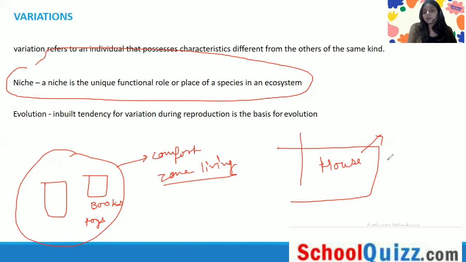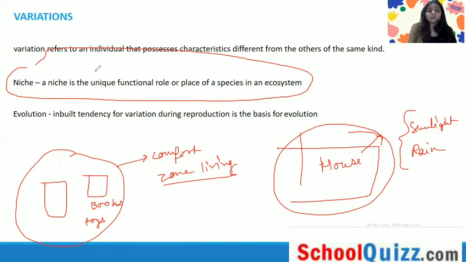Because if we live without a house, there are many physical changes in the environment, like sunlight, high temperature, rain. So we do not survive outside of our house. So this is our comfort zone.